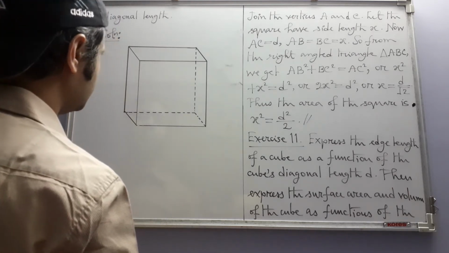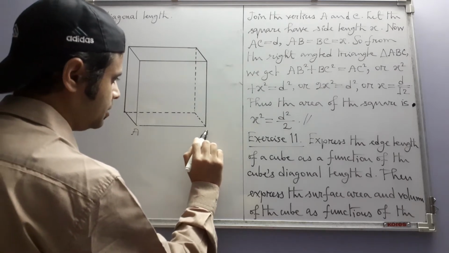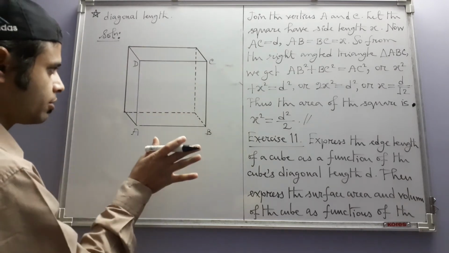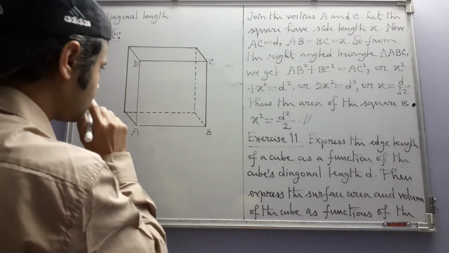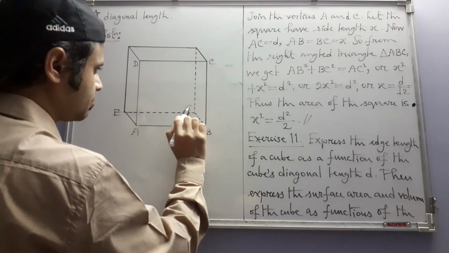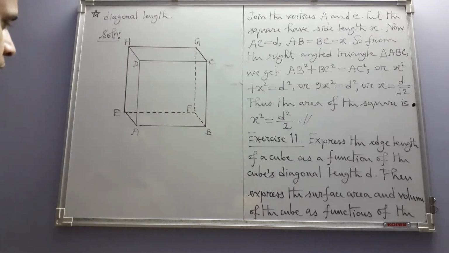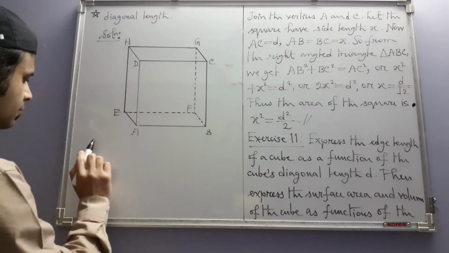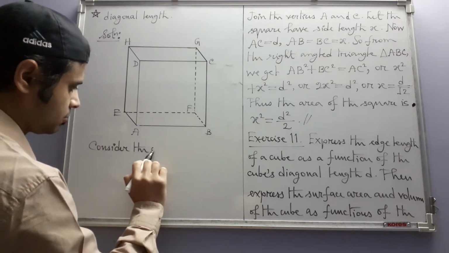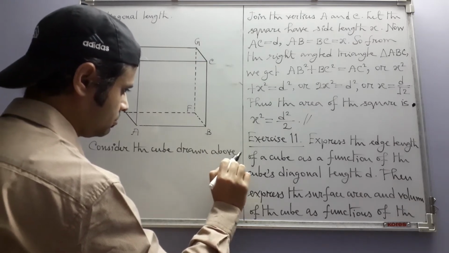A, B, C, D. This is the face that is on our side, and the other vertices that belong to the other face that is on the other side, let's name them E, F, G, H. Okay, so we can write like this. Consider the cube drawn above.